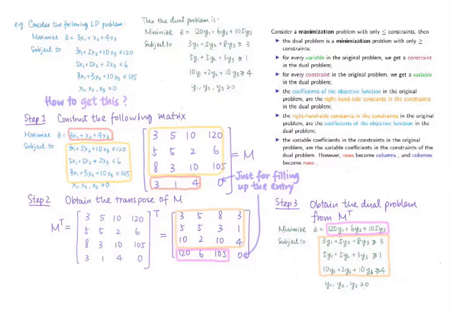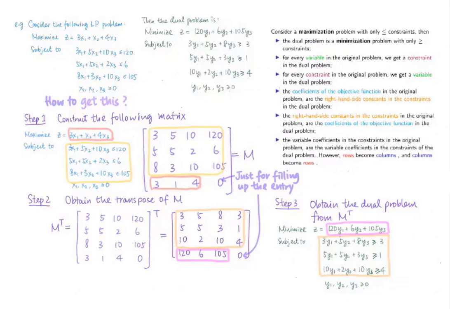The first 3 rows will give us the information on the 3 new constraints in the dual problem. Since there are 4 columns, the first 3 columns give us the information on the coefficients of the 3 new variables, and the last column gives us the information on the right-hand side value.